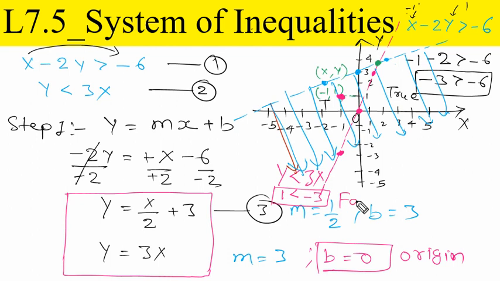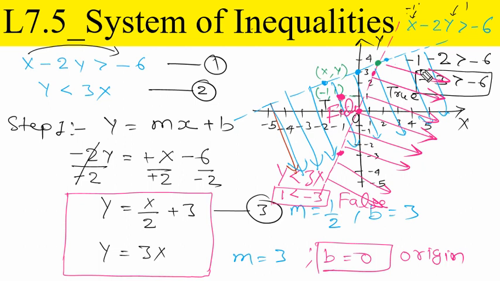No, this is false. So for this line, this is false, and if it is false, we will shade toward this side. If it is true, you move towards that side. If it is false, you move to the opposite side. That's how you will graph it.